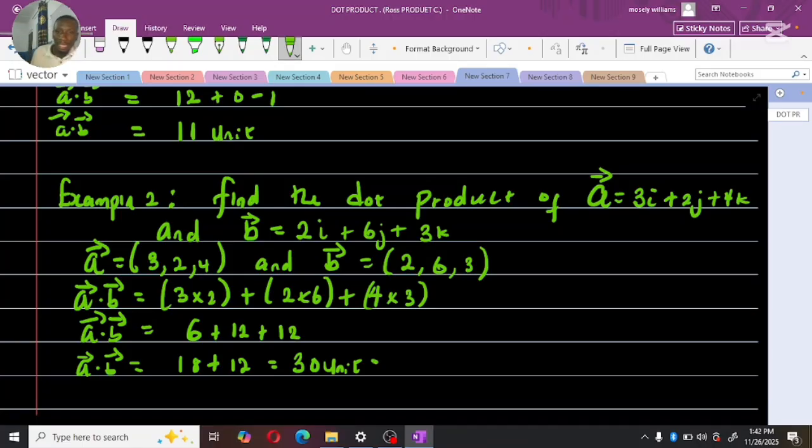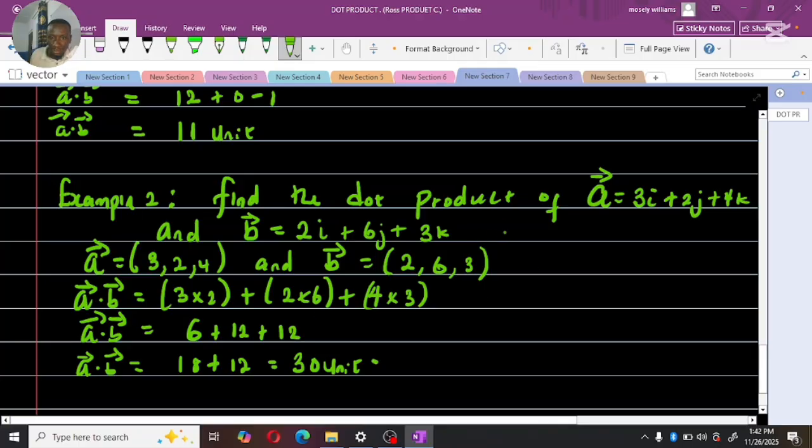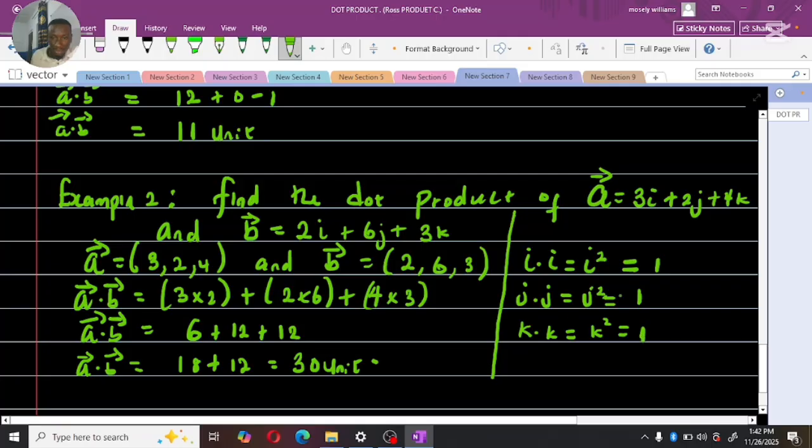Also, here I need you to note, I think I've said it in one of my videos, that in vectors, when you take the dot product, i dot i is equal to i squared, and this will give us 1. j dot j is equal to j squared, and this will give us 1. Please note, k dot k is equal to k squared, and this will give us 1. You will need it.